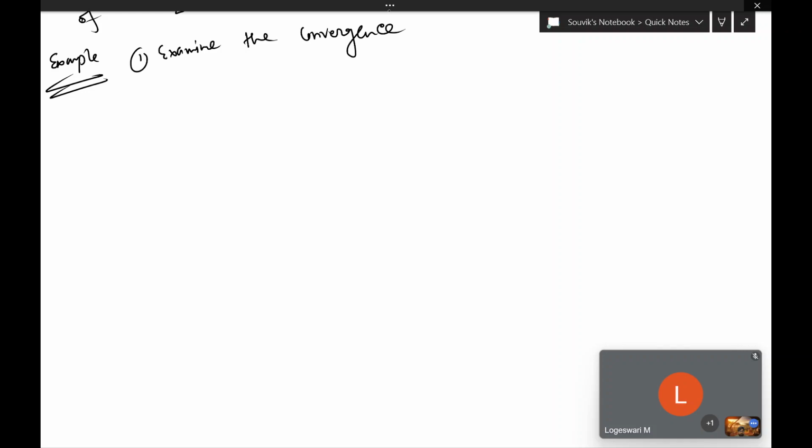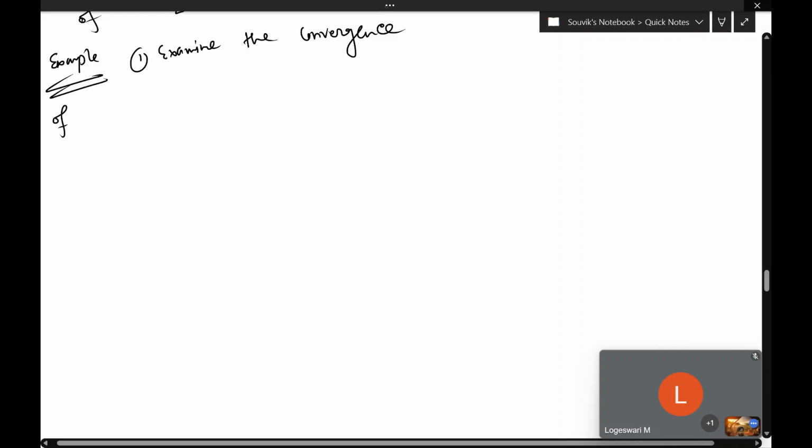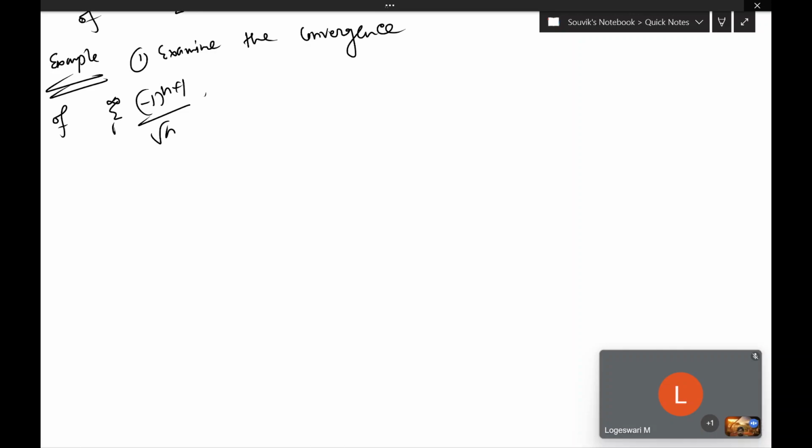Examine the convergence. So please try this. Try it out for a couple of minutes. I shall wait. If you can solve it, please let me know.